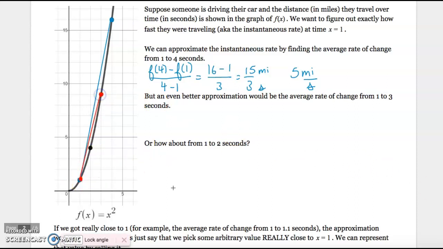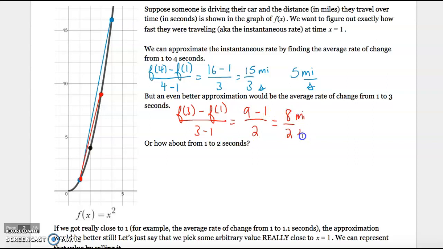So I'd be finding the slope of that line: f of 3 minus f of 1 all over 3 minus 1. So it'd be 9 minus 1 over 2, 8 miles for every 2 seconds, so 4 miles per second. That's a better estimation.